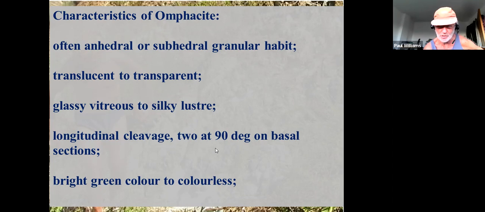If you happen to have a basal section, as in all pyroxenes, it's two intersecting cleavages at 90 degrees, if you're lucky enough to have basal sections. But it's this bright green which is the giveaway for that omphacite. However, omphacite can also be colorless, in which case you'd make the ID purely by association with garnet, maybe kyanite with it as well.